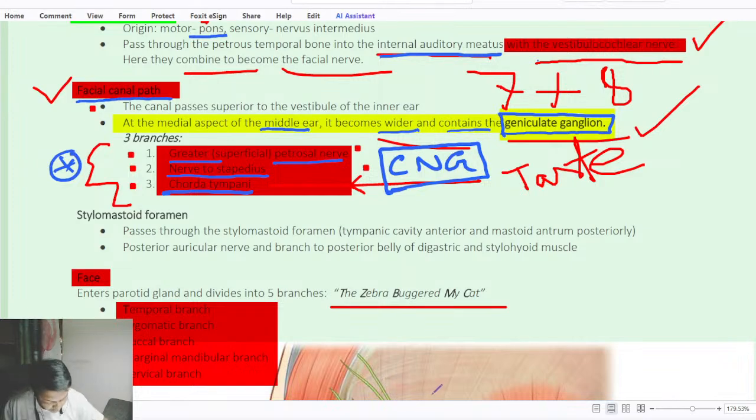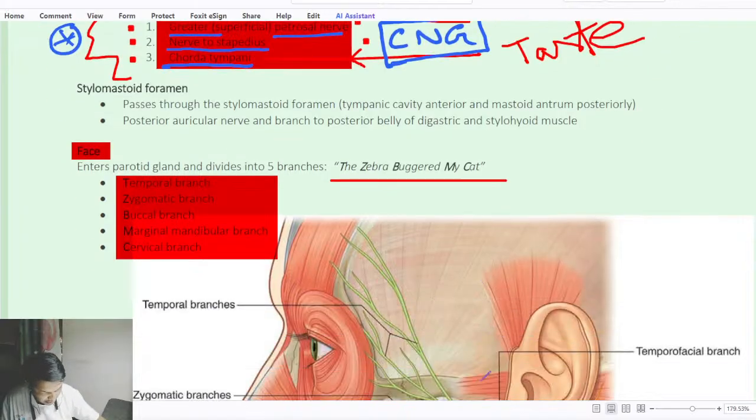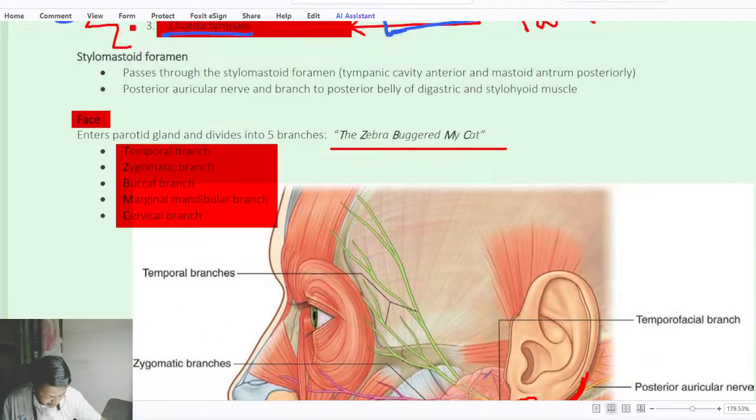Then in the face. Now they are entering into the face, in the parotid gland, where they divide into five different branches.